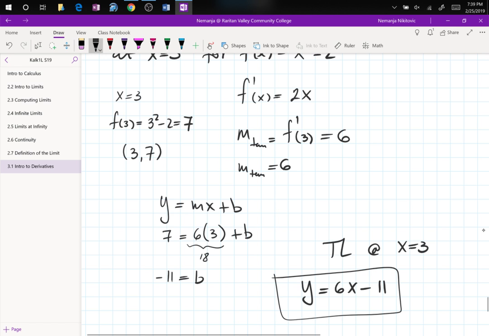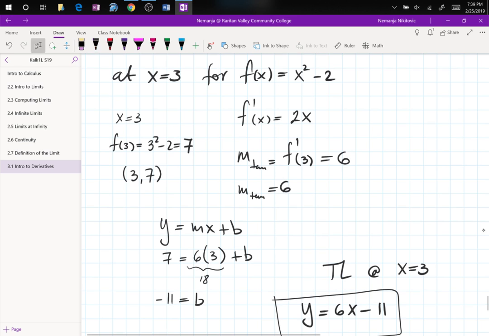Does that make sense? Of course it's going to change. Because if I'm using x equals 5 instead of x equals 3, it changes everything. My slope now is 10. My y value is 25 minus 2, 23. And these three numbers are going to give a different function.